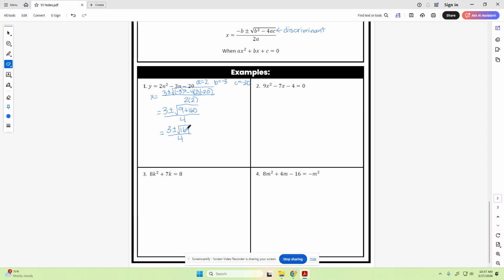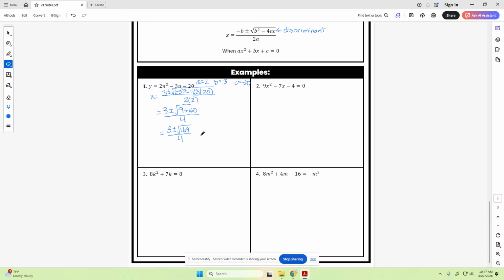And sometimes this will work out to be a whole number. Basically what that means is that you're going to end up getting either a fraction or a whole number, so this is something that would have factored. There are going to be other times, like we're going to see in example 2, where this is not something we can take the square root of, and those are the situations where we need this quadratic formula.